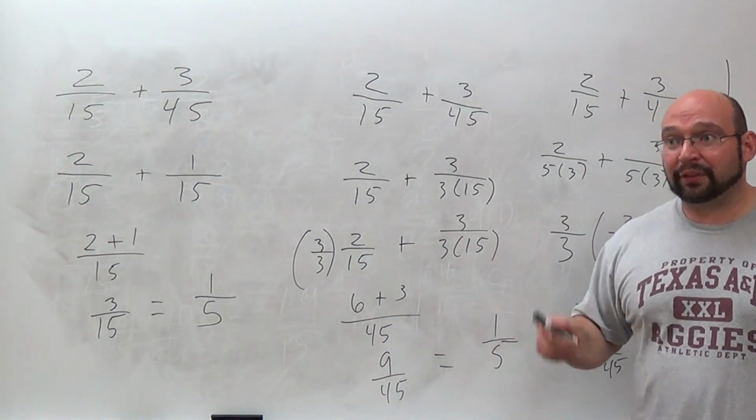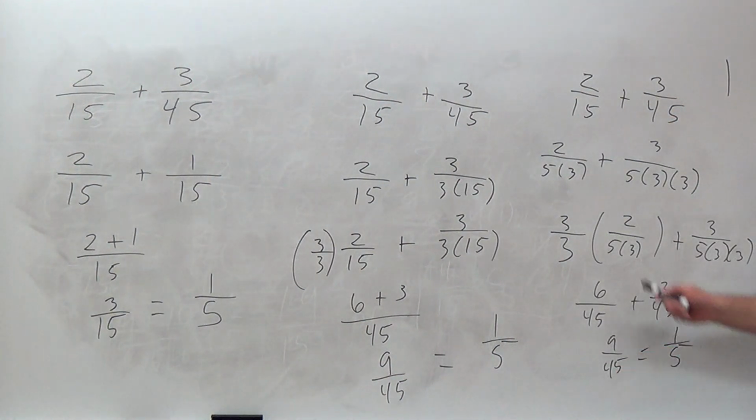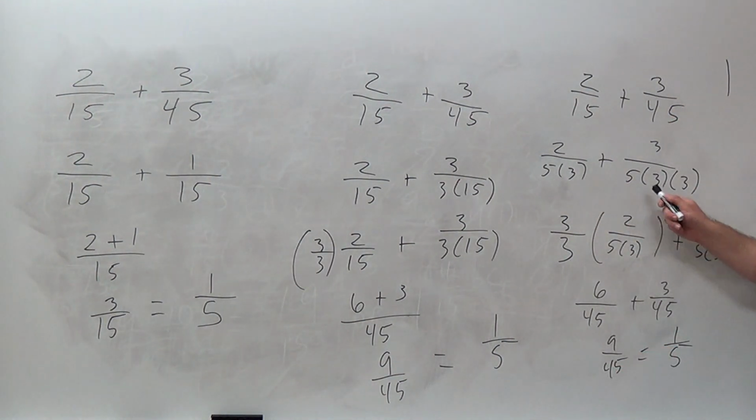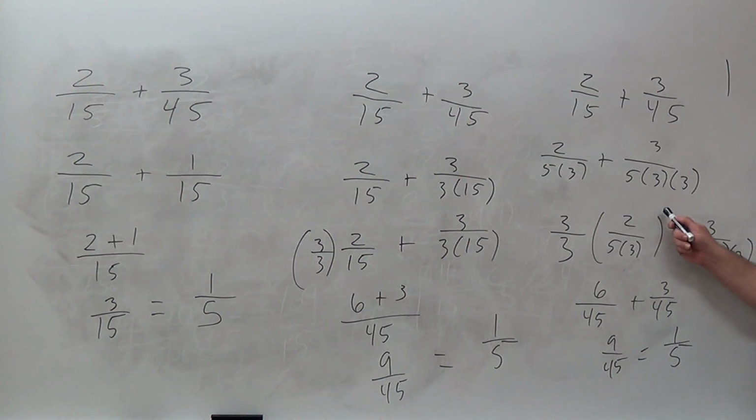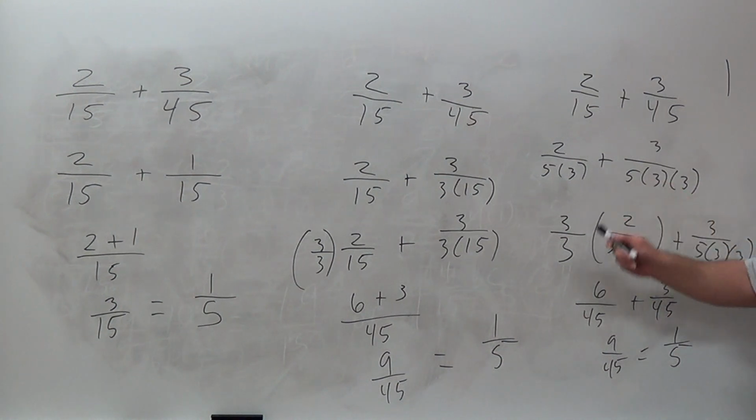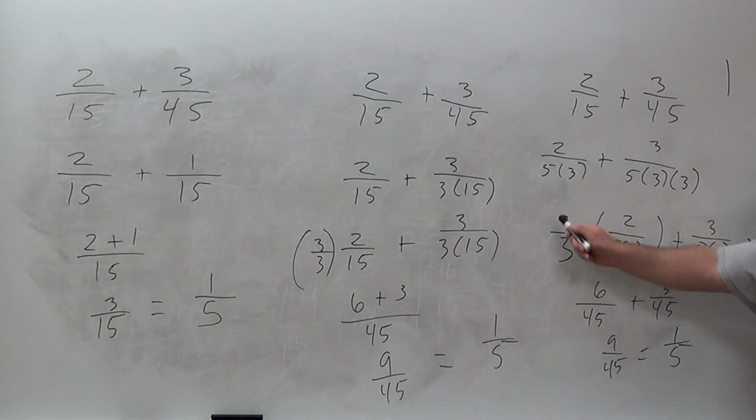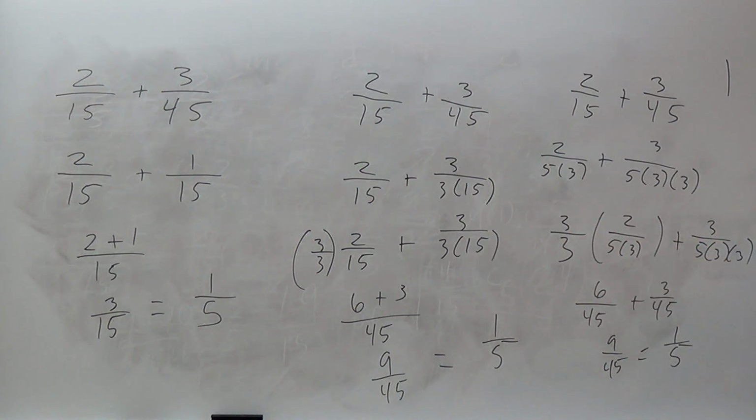But if nothing else, you can break down to your factors, right? Break them all the way down to your prime factors, figure out what they have, figure out which one's missing, and then multiply accordingly like we did with the 3 over 3. Right? Real simple.